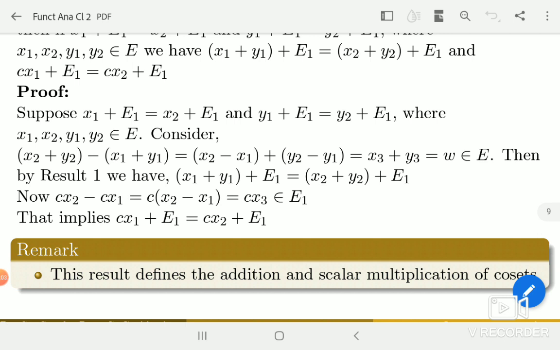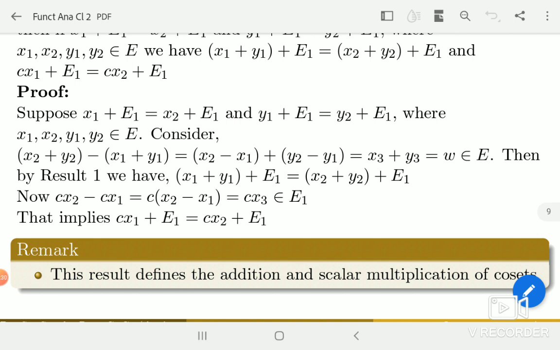So applying the linearity conditions of E, x2 plus y2 minus x1 plus y1 equals x2 minus x1 plus y2 minus y1, by the associativity conditions. So x2 minus x1 are in E1, so that difference will be some x3, and y2 minus y1 will be some y3.